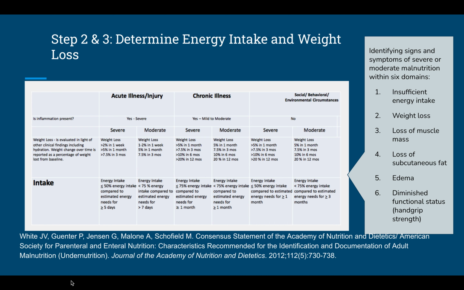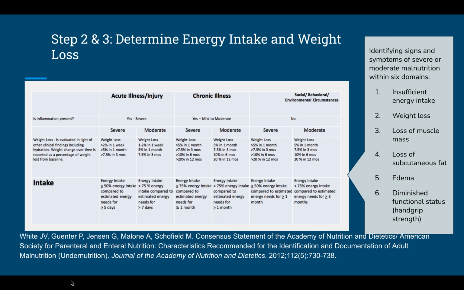If it's moderate, for example, you're also going to see a week, 1 month, and 3 months, but the percentage of weight loss will vary. So that's one, weight loss. Second is energy intake, and this could happen really quick.